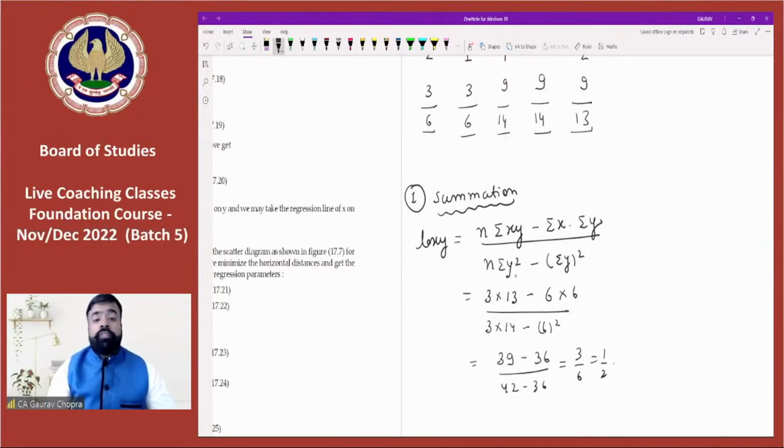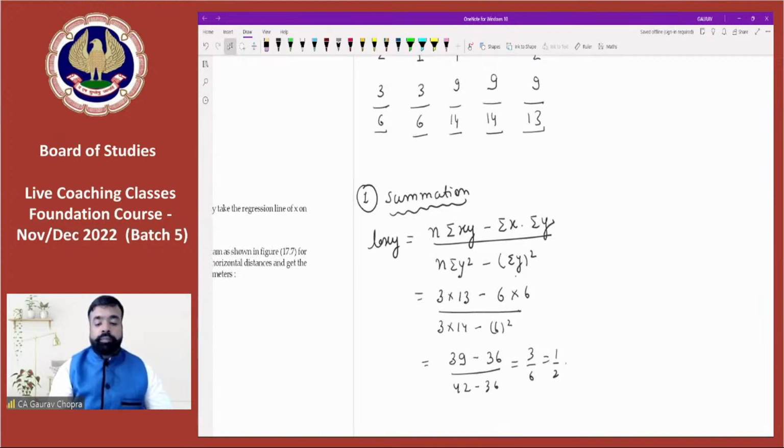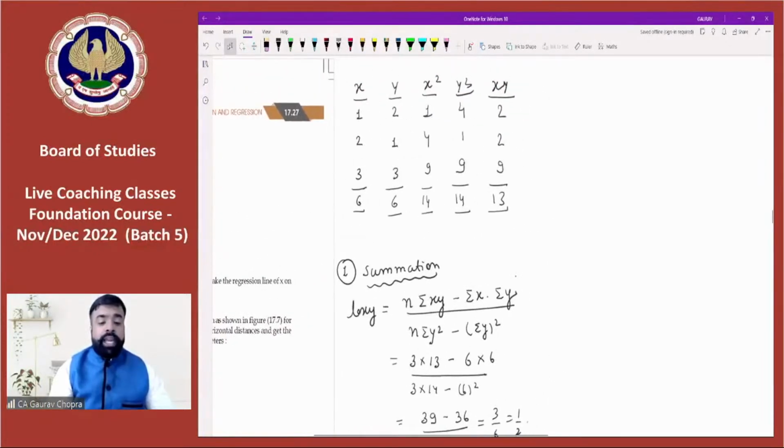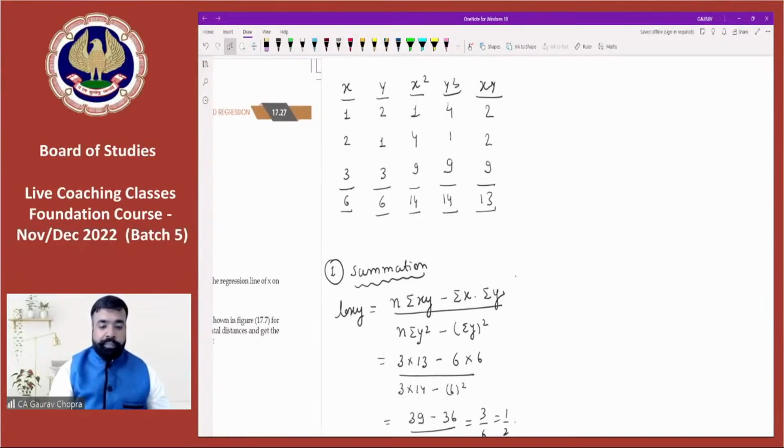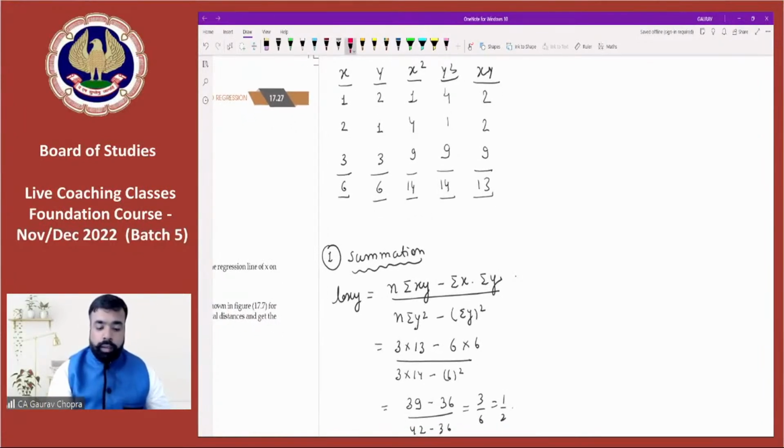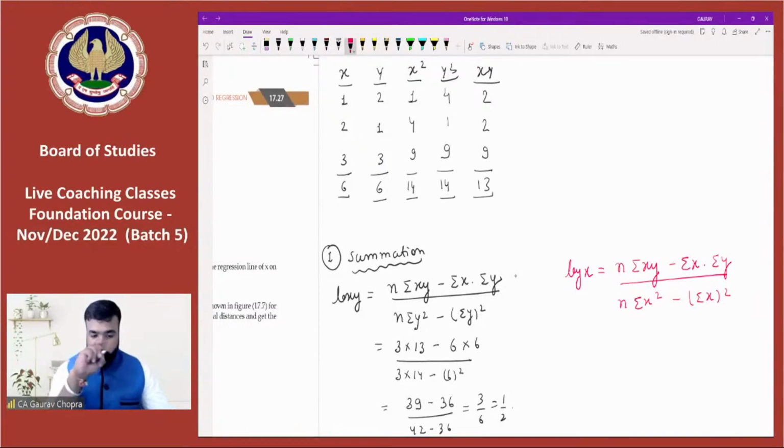Now you can calculate byx and let me know. I'm waiting. You have to try byx and give the answers. So byx is n sigma xy minus sigma x into sigma y upon n sigma x square minus sigma x whole square. Sehajpreet has given answer 1 by 2.